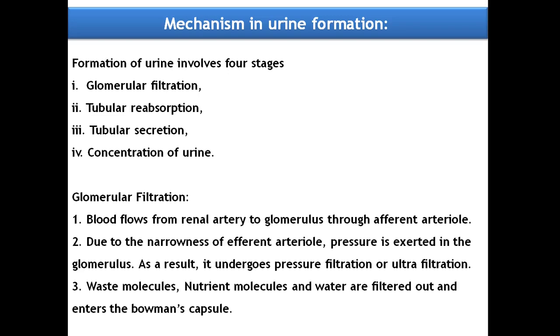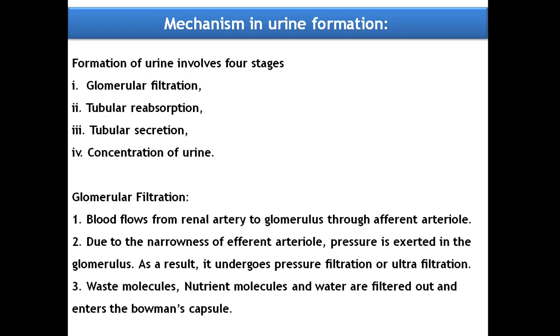Waste molecules, some useful molecules and a large amount of water are filtered out and enter into the cavity of the Bowman's capsule. The lining of the Bowman's capsule is formed by podocyte cells which have pores, so this allows the filtrate to enter into the cavity of the Bowman's capsule.